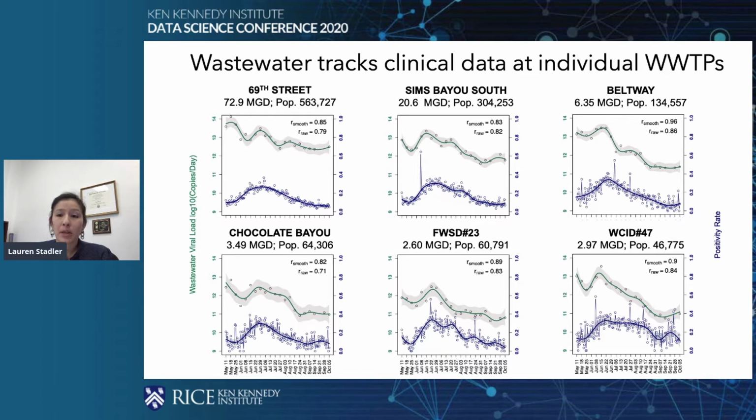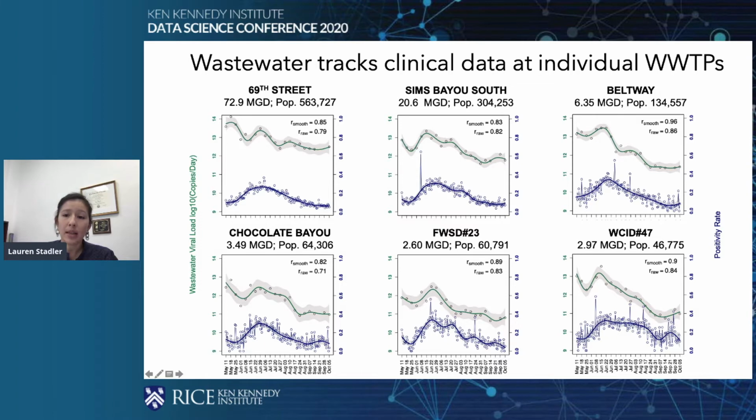We performed a similar analysis comparing wastewater viral load trend to clinical positivity rate trend for each individual wastewater treatment plant that we've been sampling. So here I'm just showing 6 different wastewater treatment plants that vary in size and population served. So 69th Street is the largest treatment plant that we have here in Houston, and these all are ordered in descending size.